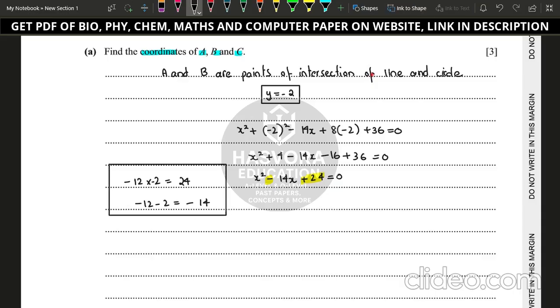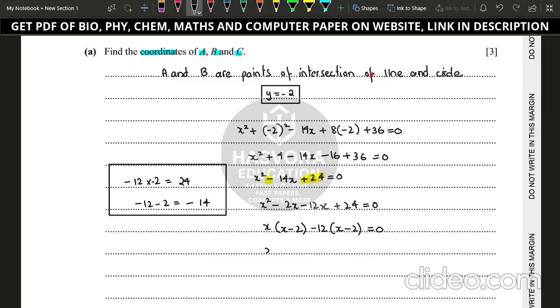Now let's write them. So this will become x squared minus 2x minus 12x plus 24 is equal to 0. This will become x into x minus 2, and then we will have minus 12 into x minus 2 is equal to 0.